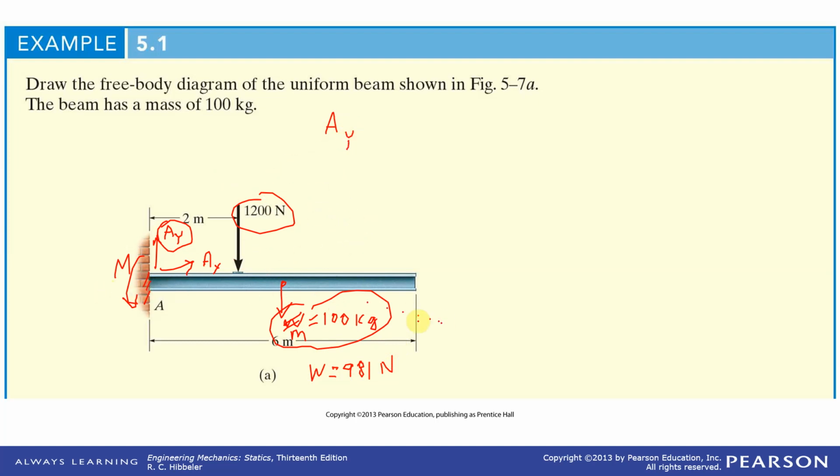AX equals 0. There's no other forces in the X direction. AY minus 1200 newtons minus 981 newtons equals 0. So AY would equal 1200 plus 981, which works out to be 2181 newtons.